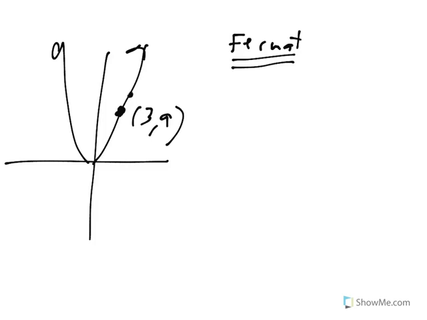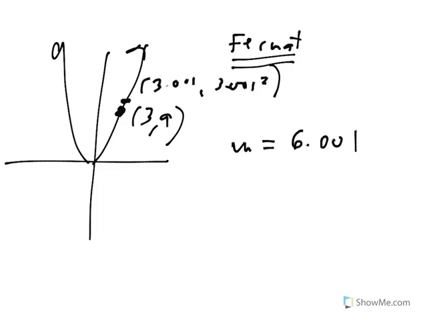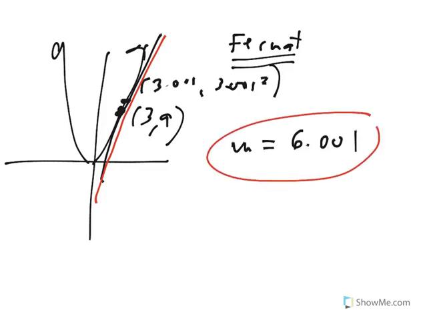And if instead I pick a point even closer, like 3.001, and the y-coordinate is 3.001 squared, and I figure out that slope, it ends up becoming 6.001. And we get the feeling that the actual tangent line slope is going to be pretty close to this, and it's probably 6, but is it exactly?